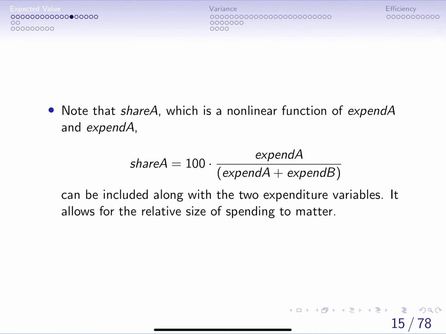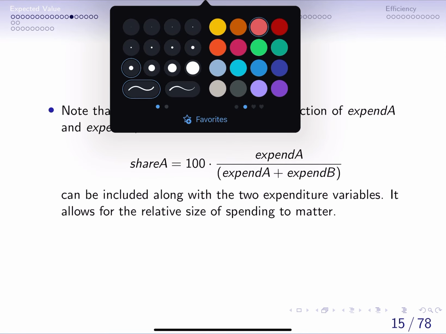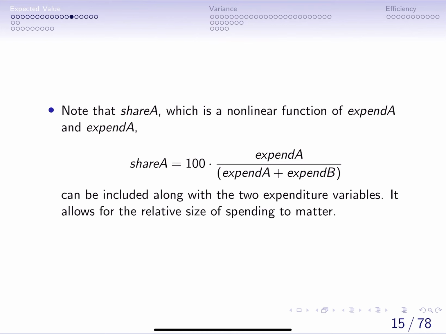So what is allowed then? We can introduce some sort of nonlinear function for one of our x's. So we can say that the share that is spent on candidate A is given by this ratio, the expenditure on candidate A divided by total expenditure.